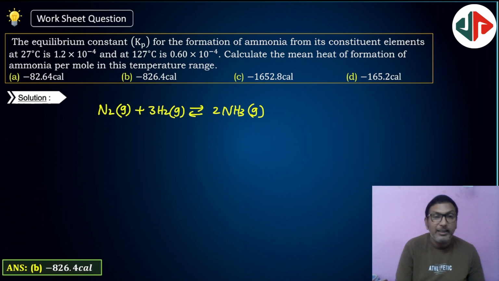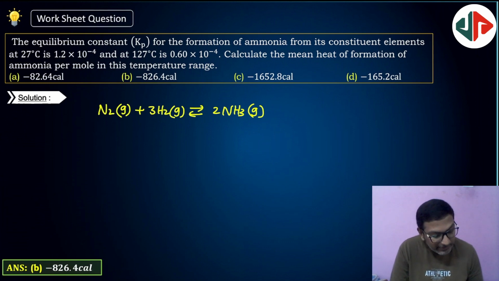The equilibrium constant Kp for the formation of ammonia from its elements at 27 degrees centigrade is 1.2 into 10 power minus 4, and at 127 it is 0.6 into 10 power minus 4. Calculate mean heat of reaction.